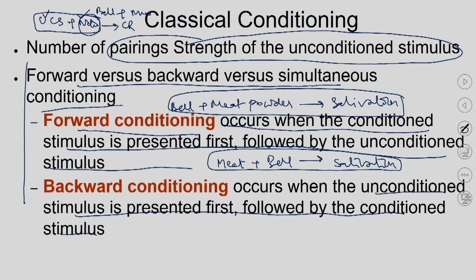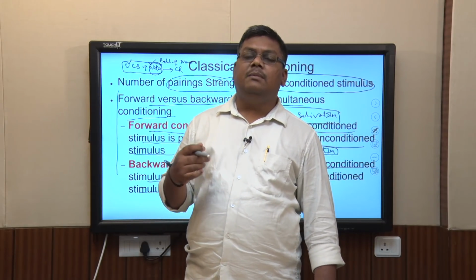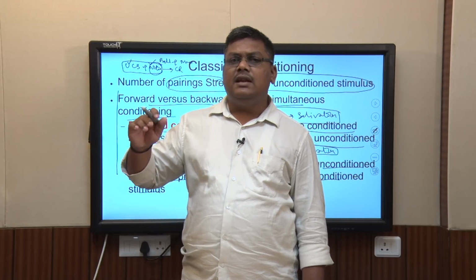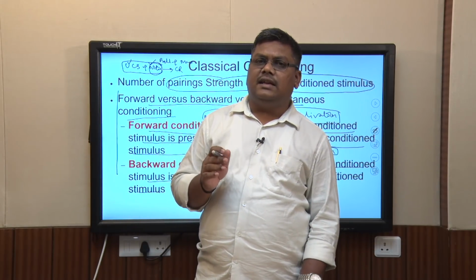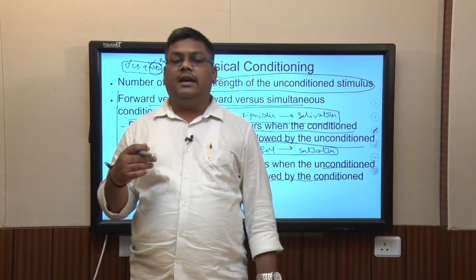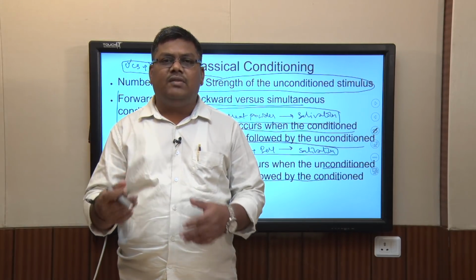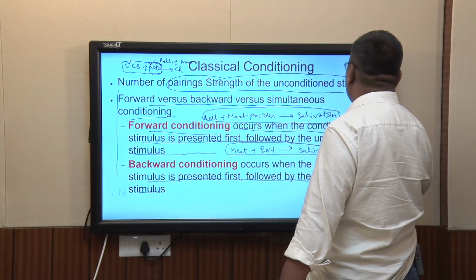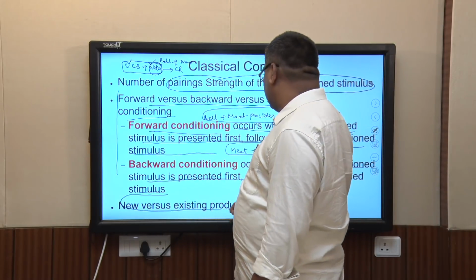Generally speaking, in terms of these conditioning sequences, there are two kinds of forward conditioning: trace conditioning and delayed conditioning. Within forward conditioning, sometimes also called simultaneous conditioning, the conditioning is very high, which means the chances of the required behavior occurring are very high, whereas in backward conditioning it is weaker.